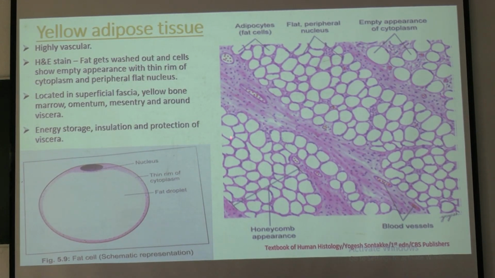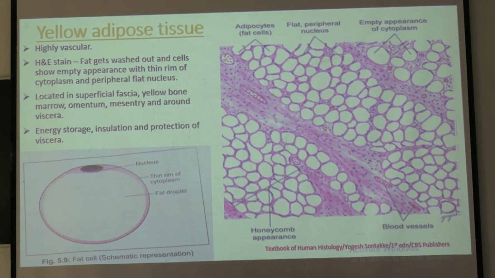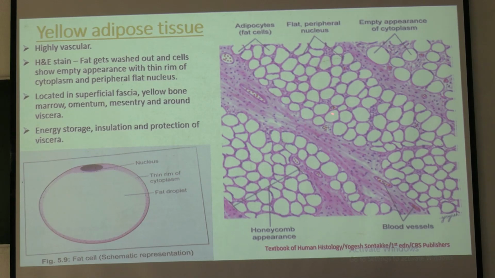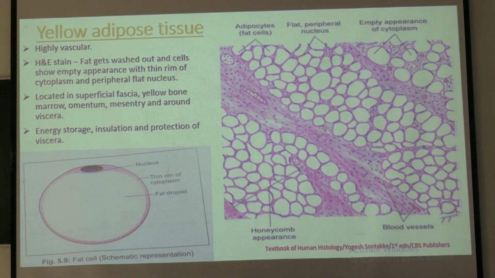So yellow adipose tissue, see, these are the adipose cells. Signet ring appearance you have seen in the morning class. So signet ring appearance, thin rim of cytoplasm here, and peripherally placed flat nucleus. Okay. So yellow adipose tissue is highly vascular.